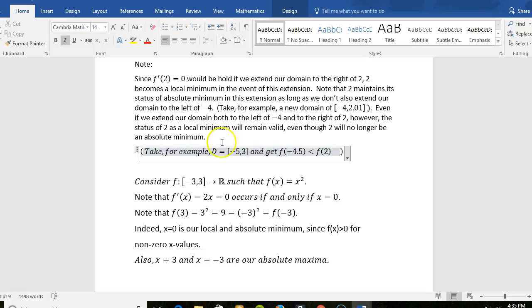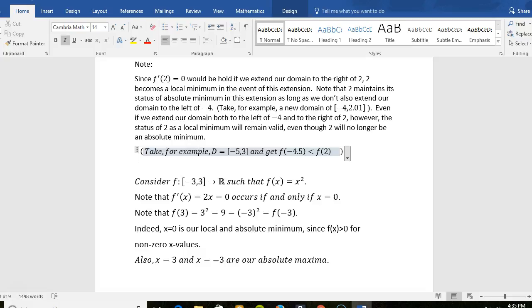In general, if you go past -4 to the left, you run the extreme danger, actually the likely danger, that x equals 2 will lose its status as absolute minimum.